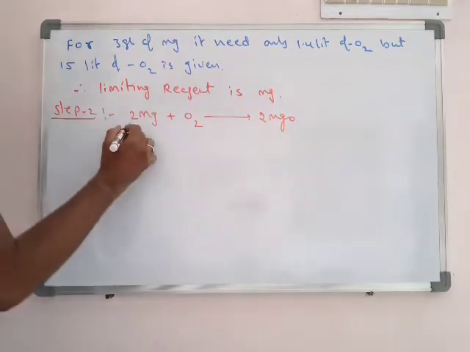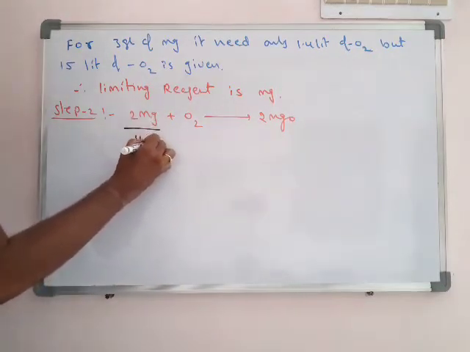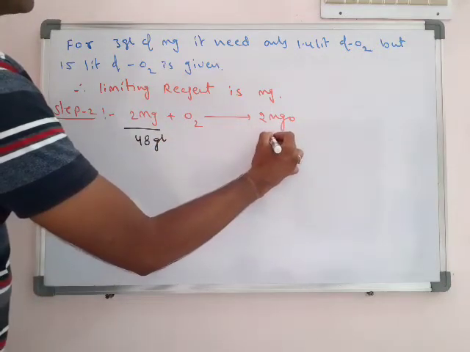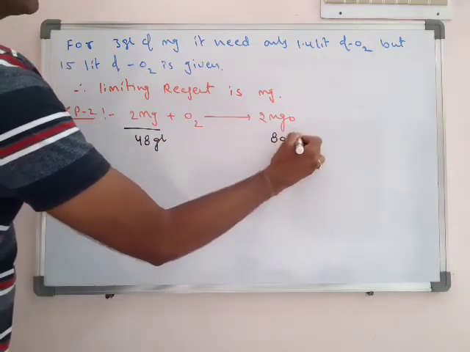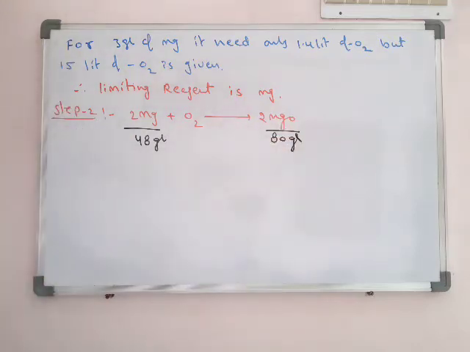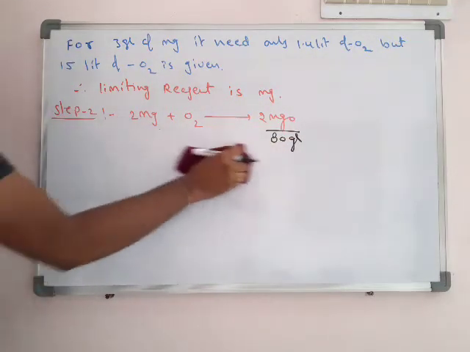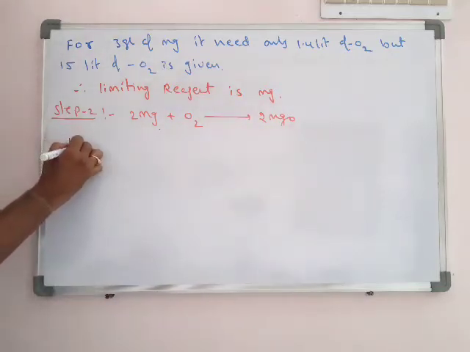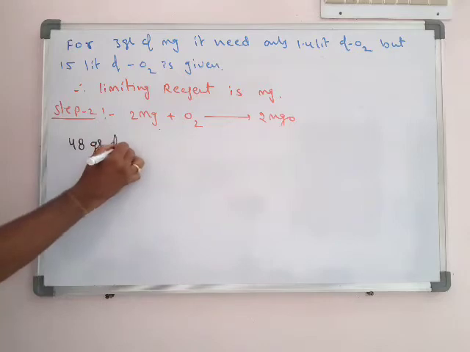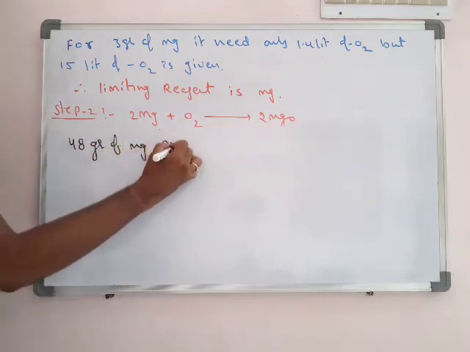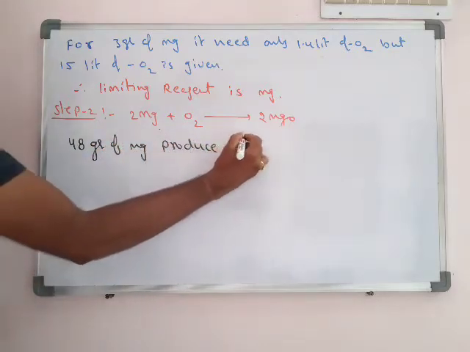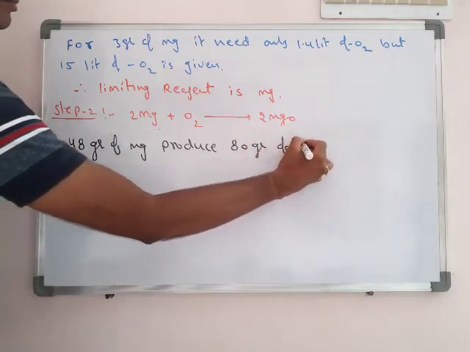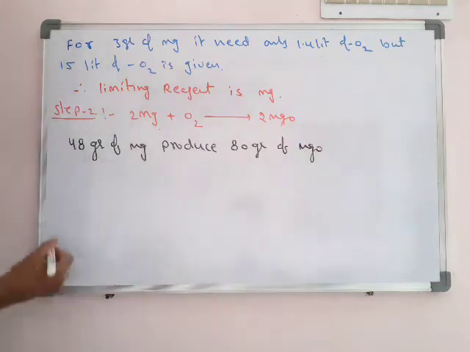Okay, magnesium how many grams? Just now we said 2 into 24, 48 grams gives 2 MgO, that is 2 into 40, so 80 grams. So here we can write a statement that according to the equation, 48 grams of magnesium on reaction produce 80 grams of MgO.